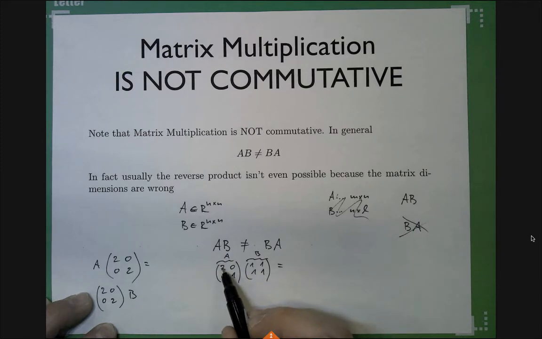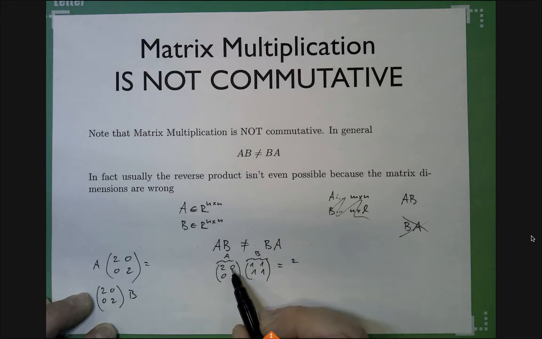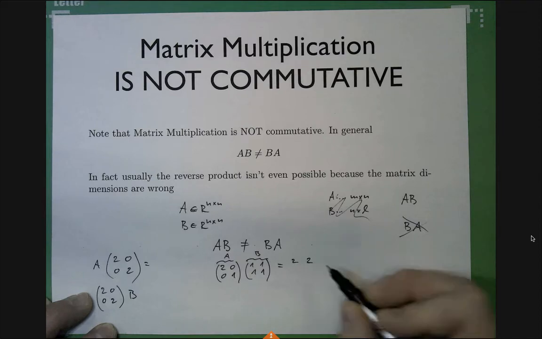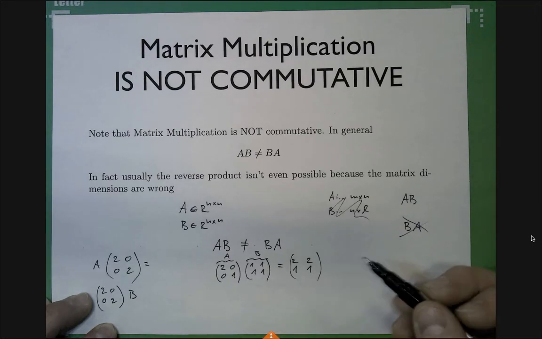I take the first row, dot it with the first column. So I get what? 2. First row, second column, again 2. Second row, first column, I will get 1. Second row, second column, I will get 1, right?